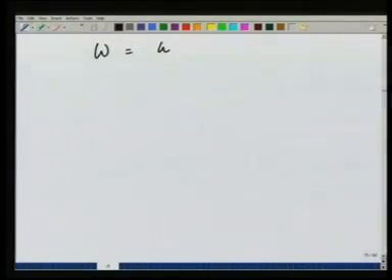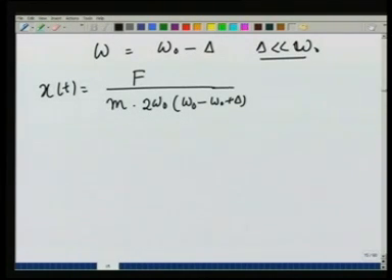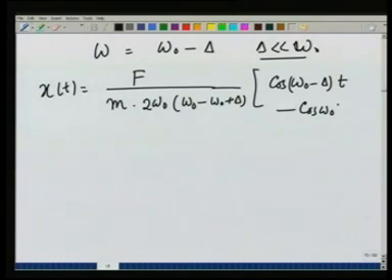So, let me take omega to be slightly smaller than omega naught and substitute it here. So, x t in this case would be f divided by m times 2 omega 0, because this delta is very small, times omega 0 minus omega 0 plus delta, times cosine of omega 0 minus delta t minus cosine of omega 0 t.